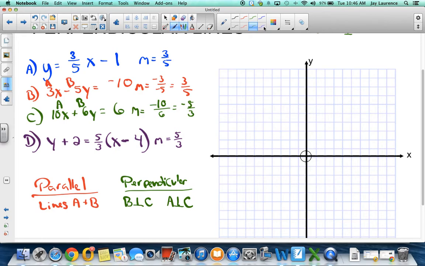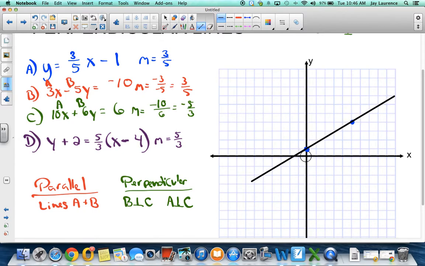Okay, so let's graph them and you can see if I'm right. Now, A is in slope-intercept form, so I'm going to plot the y-intercept, which is -1. And then I'm going to rise 1, 2, 3, and run 1, 2, 3, 4, 5. There we go. And I'm ready to draw my line. 1, 2, 3, 1, 2, 3, 4, 5.